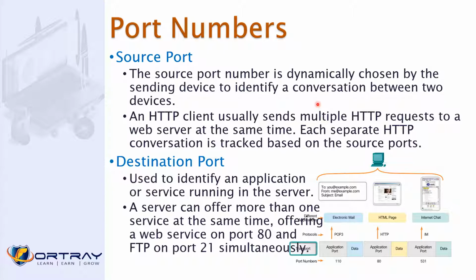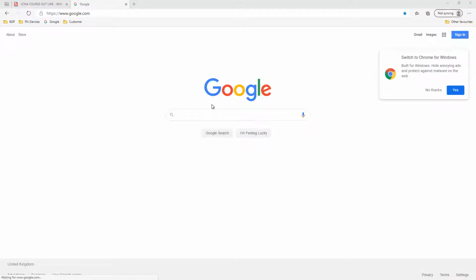There are over 65,000 ports. Some are fixed, some may not be fixed. If I go to the internet, for example, and type here TCP UDP port, do you see a list of TCP UDP port numbers? Okay.